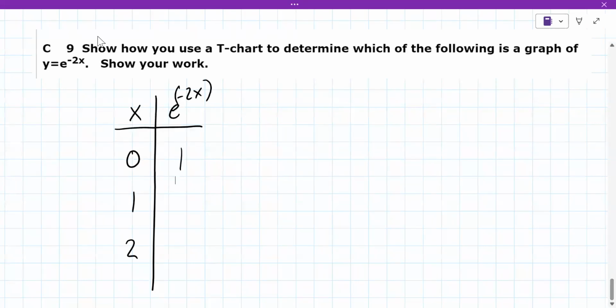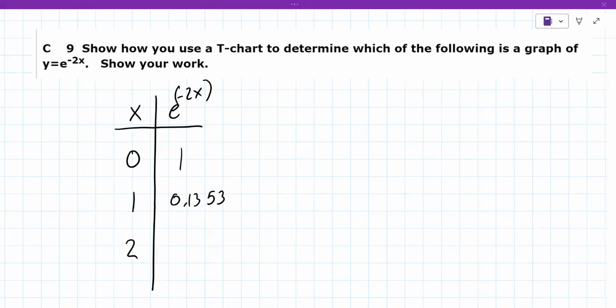Now do the same thing for 1. That'd be 0.14. I don't know if I round up.